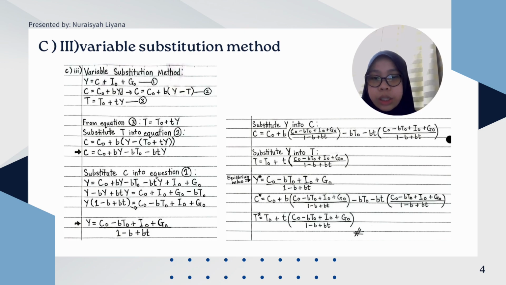Okay, so we bring the 1 minus b plus bt to the right side, so Y equals C0 minus bT0 plus I0 plus G0 divided by 1 minus b plus bt.